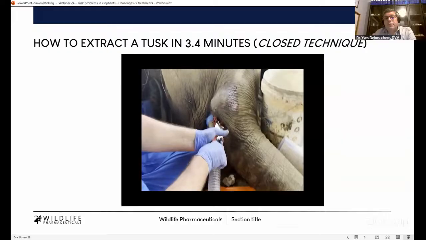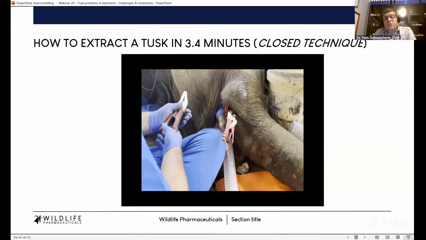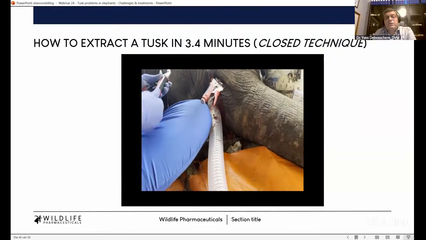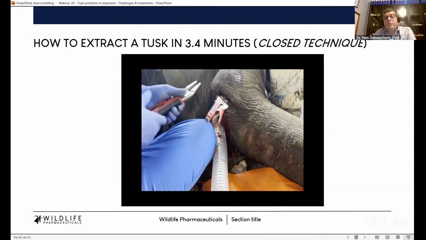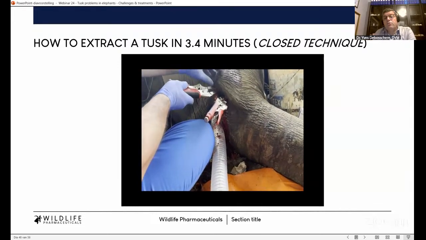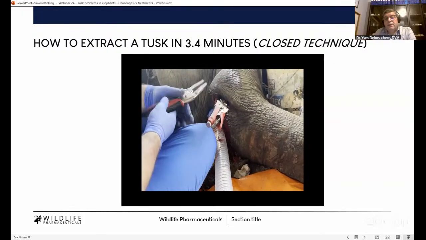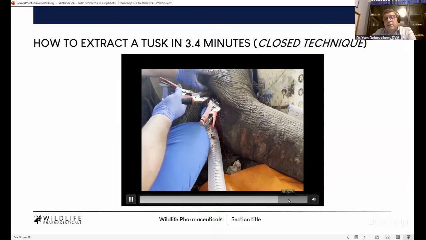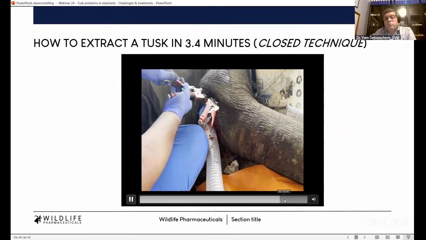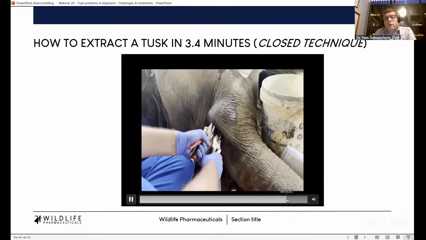Once it's done, we can put two forceps on it. The good thing about these forceps is that I can adapt them to the width of the ivory itself so that I don't have to squeeze it too much. And then we start to turn.